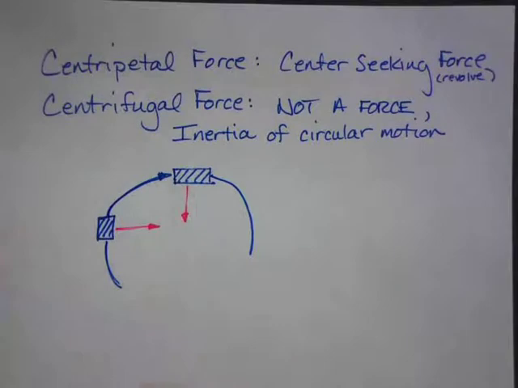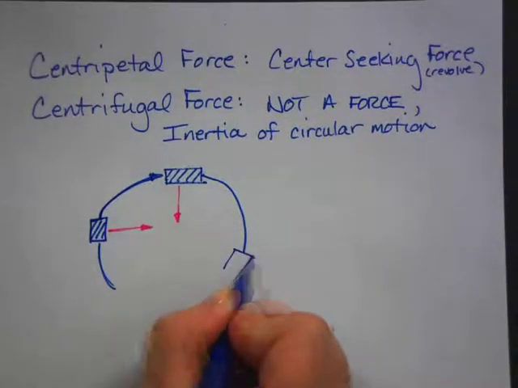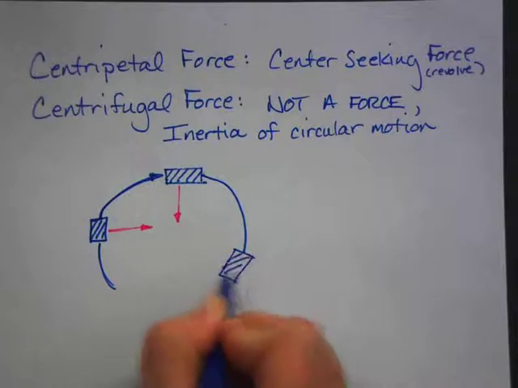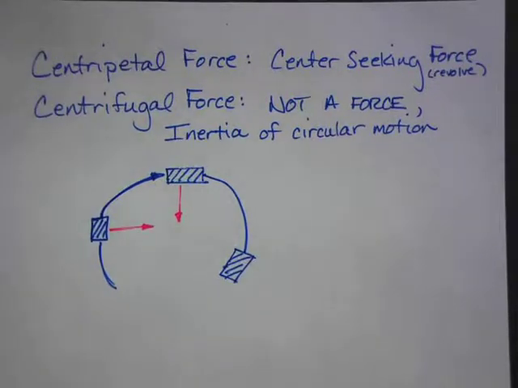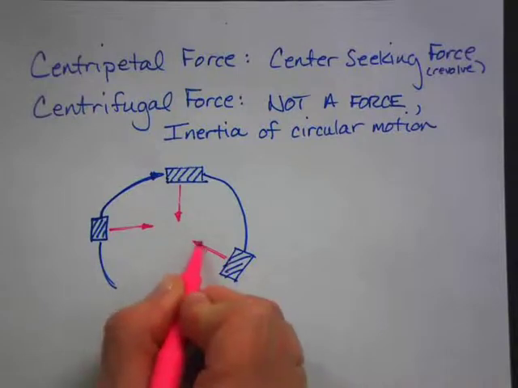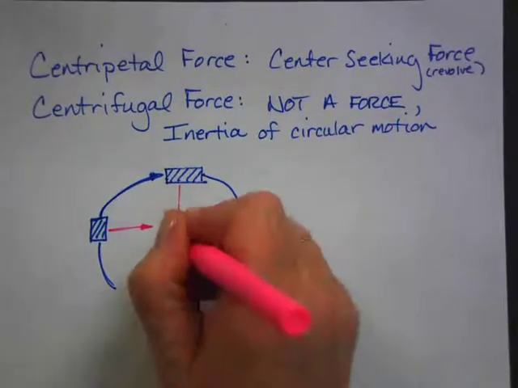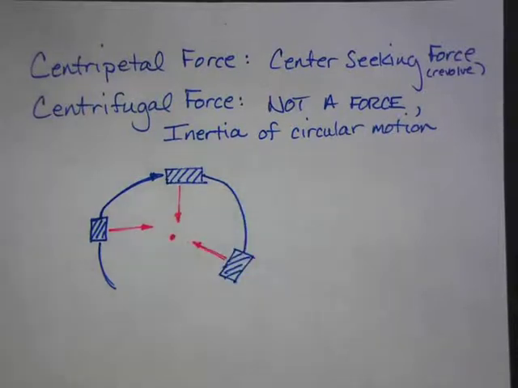Down toward the center of this circle, right? When the car is at this spot right here, which way will the center-seeking force be acting? Top left. Yep, west of north. And so they'll all be pointing toward the center of that circle, right?